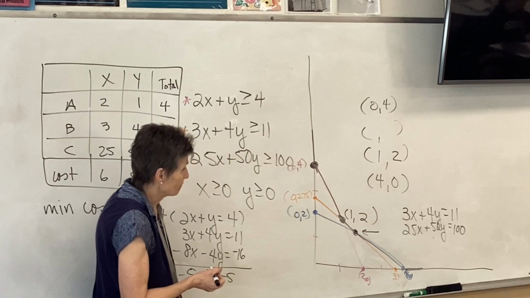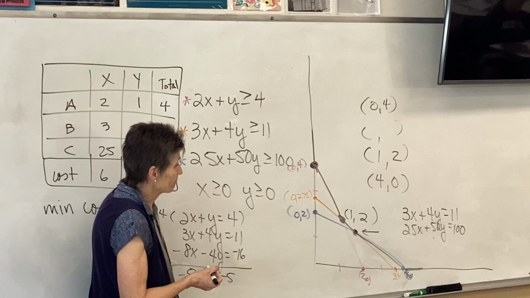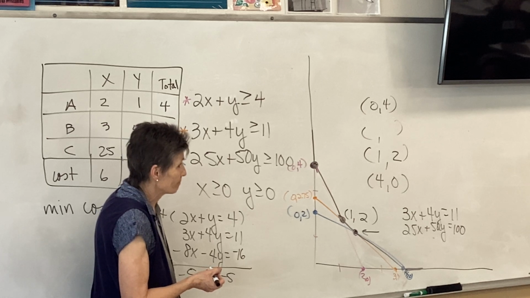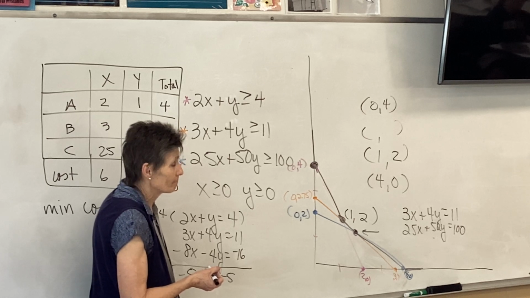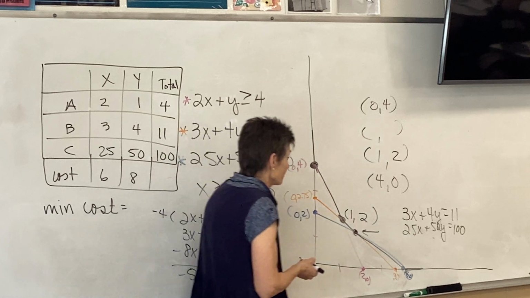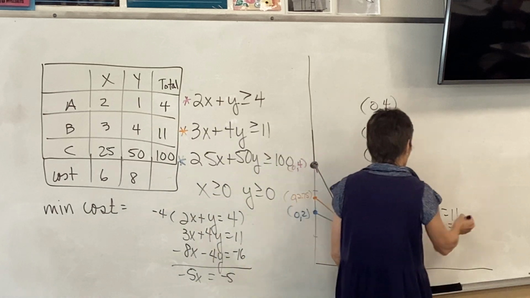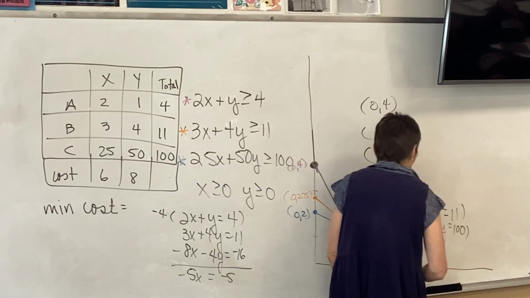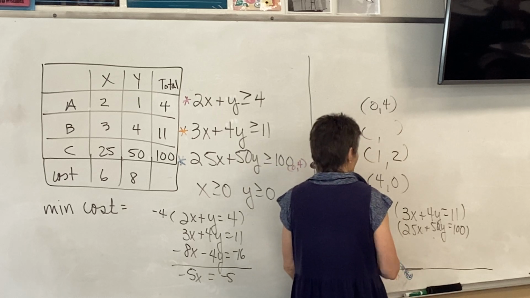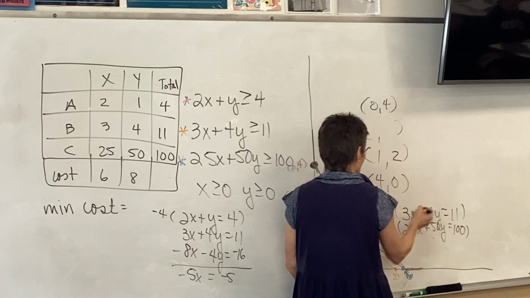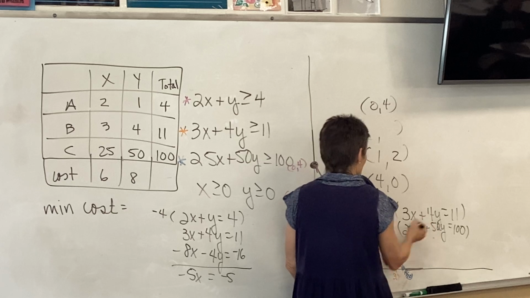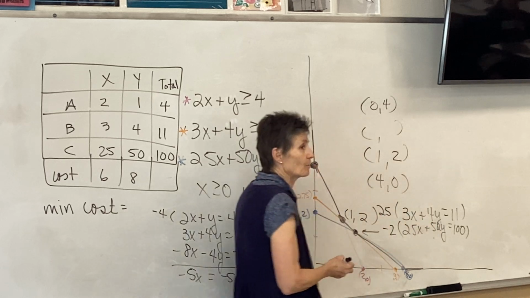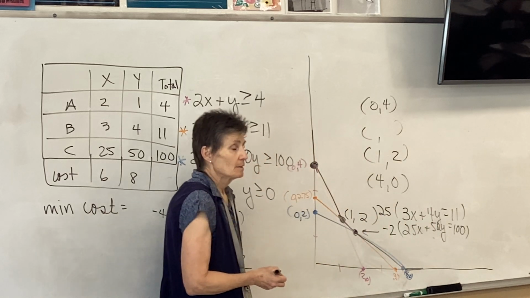Can we eliminate here? No, just multiply. Multiply the top by 25 and the bottom by -2. If I multiply this one by 25, the bottom by -2. That'll work, right? Yeah.